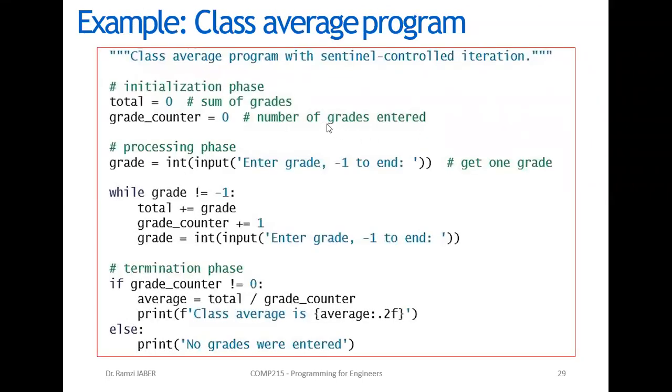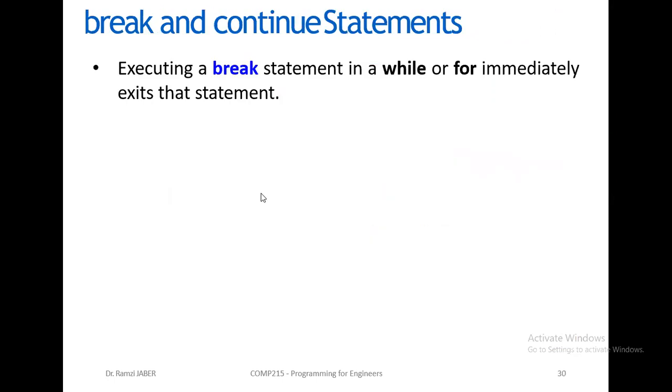Example, the class average program. It's similar to the code in C, but with different syntax. We initialize total. I will make it in PyCharm right now. Okay, I will give you PyCharm. Break and continue.